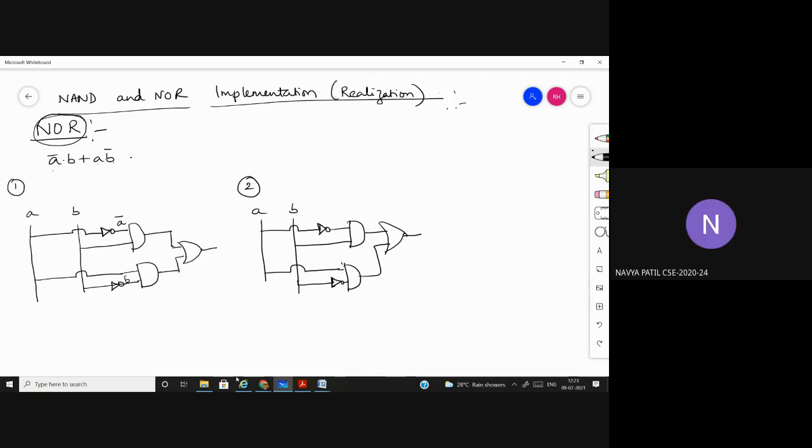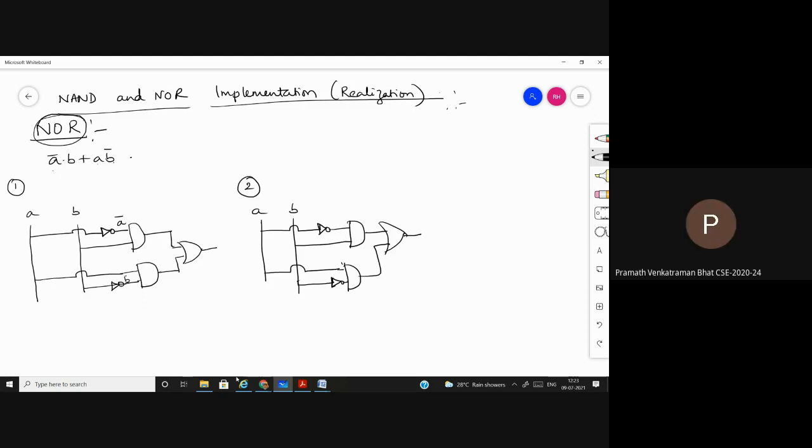At input. At the input of OR. Just now I told, no. Where you should insert the NOT gates.